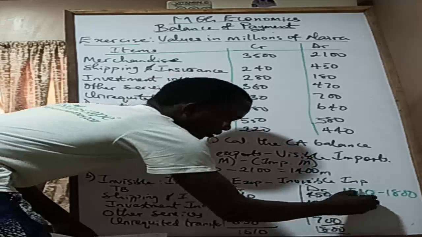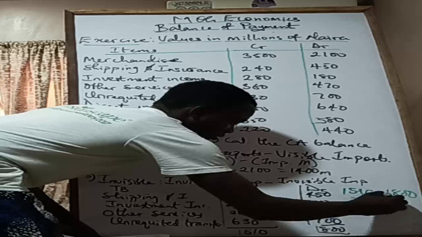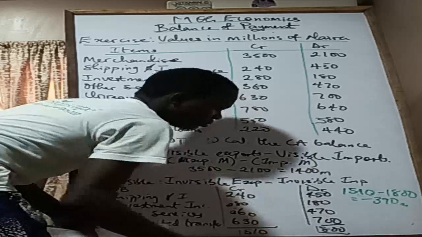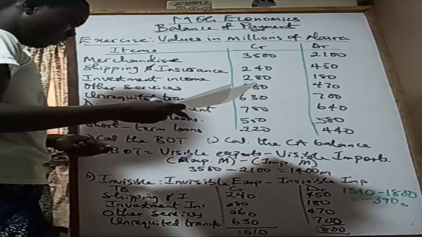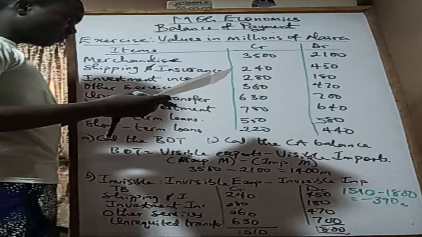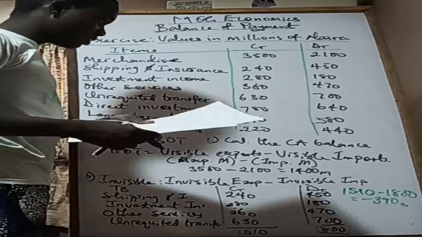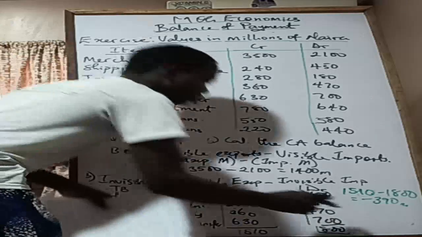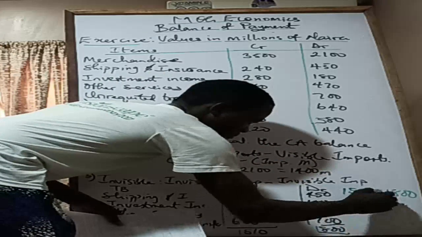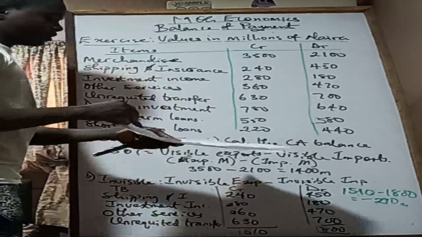So we'll be having a minus 390 million naira. Yeah, I think it's 390. Is it 390? A minus 290 rather. Okay, a minus 290 million. Yeah, so that's it.